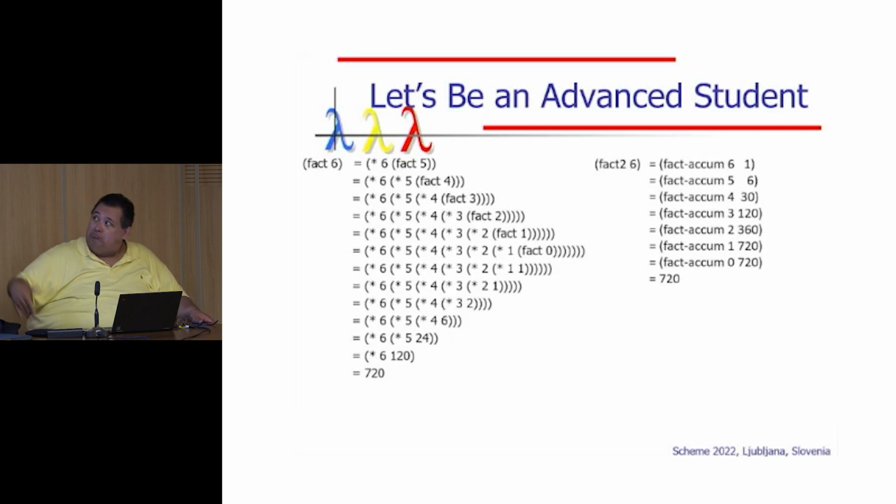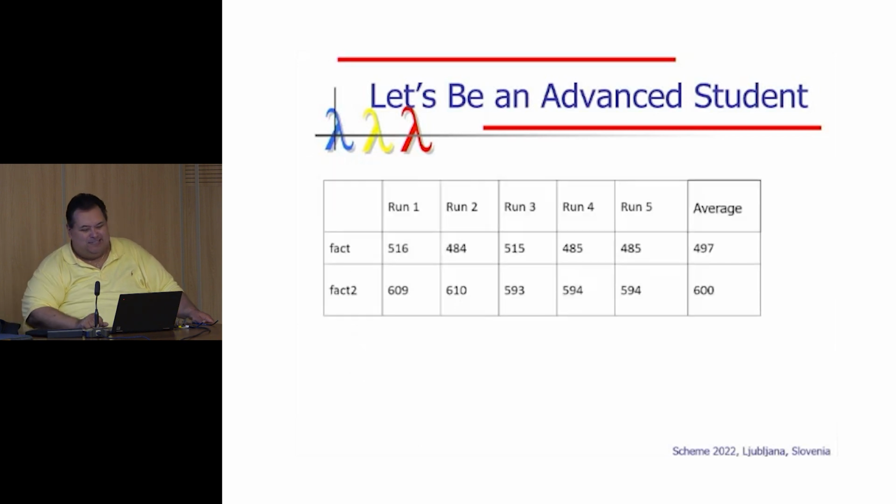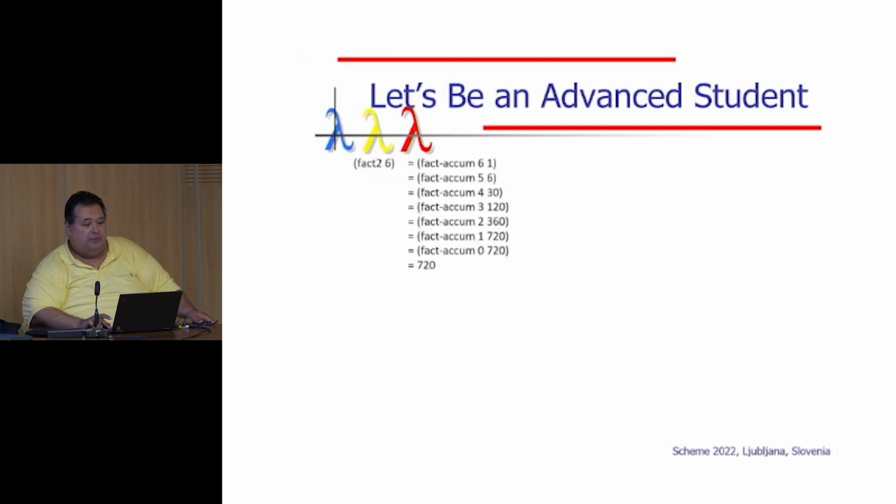And you say, clearly, accumulative recursion in this case should be faster. Well, let's time it. Turns out it's not. So this motivates the need for always doing empirical experimentation. Of course, there might be some optimizations going on underneath the hood that make the structural recursion version faster.